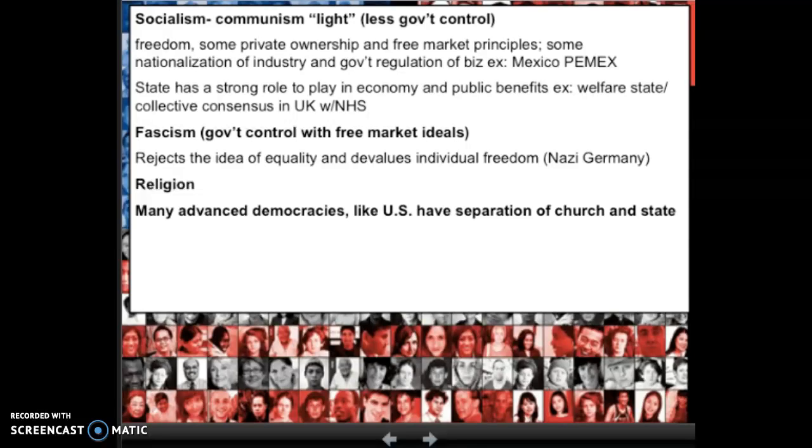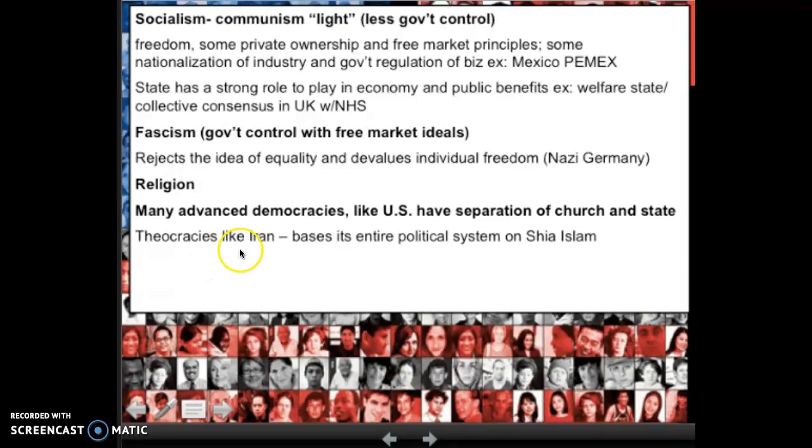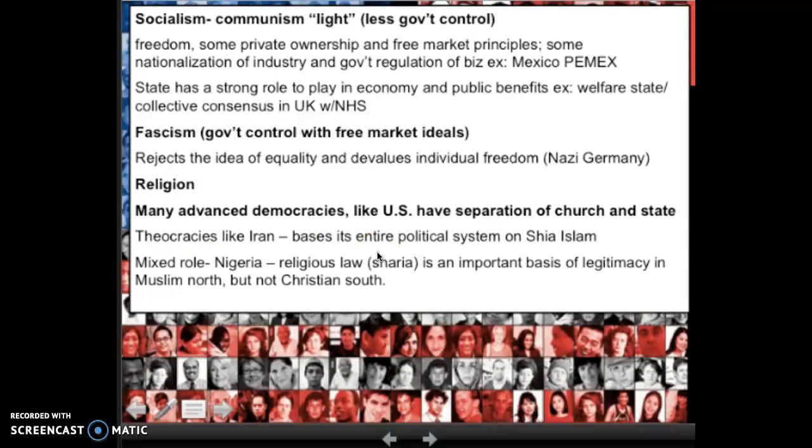But what you will find in many advanced, very liberal democracies like the US, there is a clear separation of church and state. So theocracies like Iran, that's where religion is going to play a huge role in political ideology. And Iran based its entire political system on Islam.